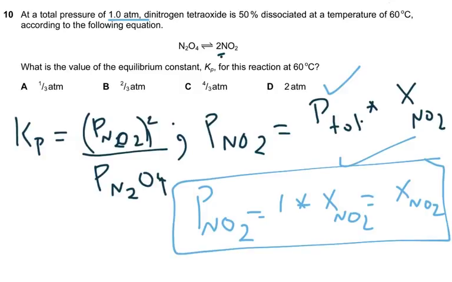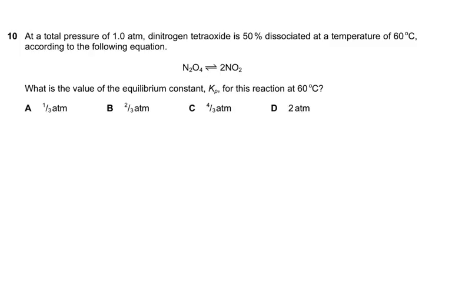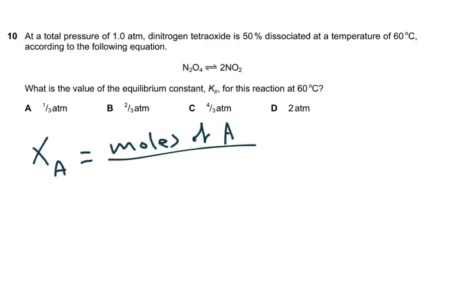Alright, so at this stage you might be thinking, what is X? X is the mole fraction. XA is equal to moles of A over total moles. We don't know moles of NO2. We don't know moles of N2O4.